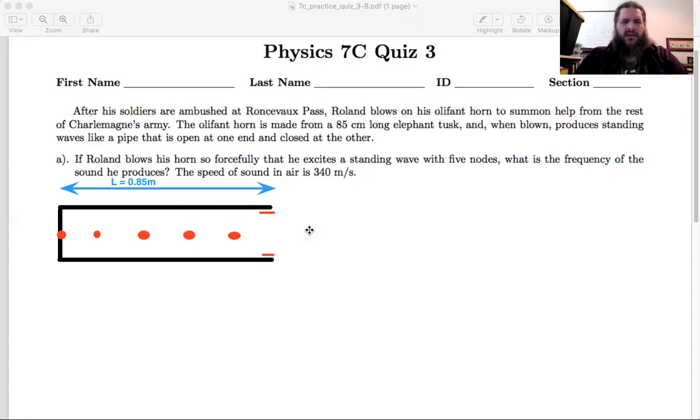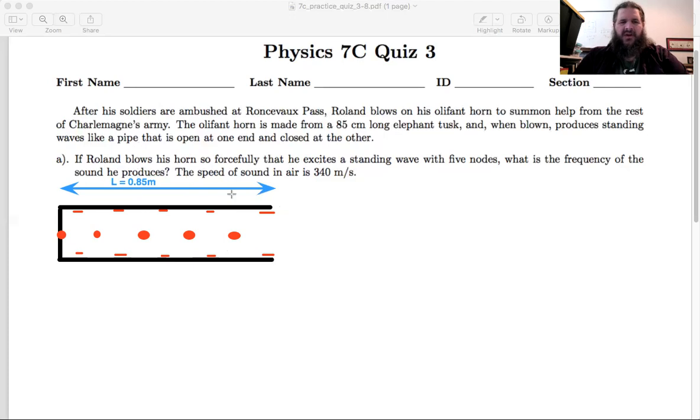Something like that. And then between those nodes, we should expect antinodes, also equally spaced. This might not be exactly to scale, but it should give a good general idea of what this looks like. So that's a standing wave with 5 nodes, as described here.